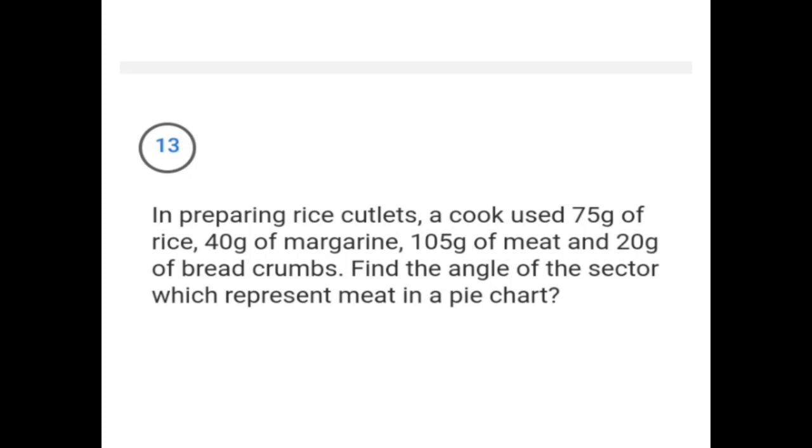Number 13. In preparing rice cutlets, a cook used 75 grams of rice, 40 grams of margarine, 105 grams of meat, and 20 grams of breadcrumbs. Find the angle of the sector which represents meat in a pie chart.